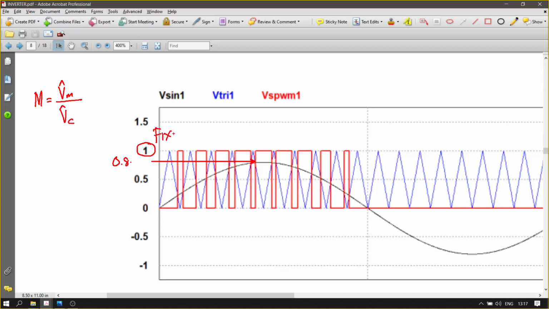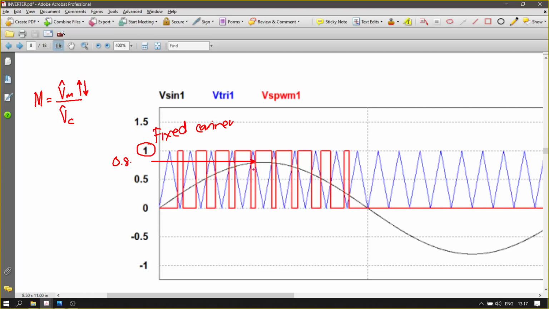So you fix the carrier signal amplitude and vary the modulating signal. Here you vary the modulating signal peak to get different values of modulation index, but you fix the Vc, the carrier amplitude.